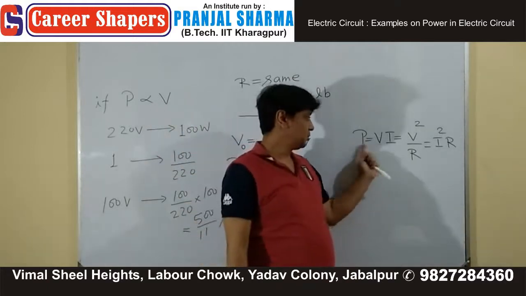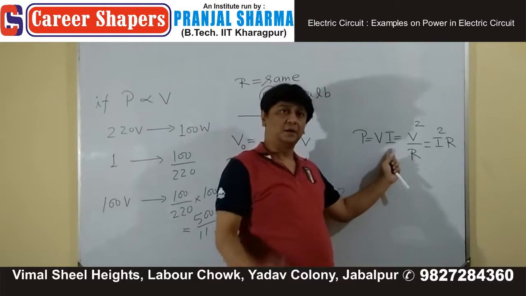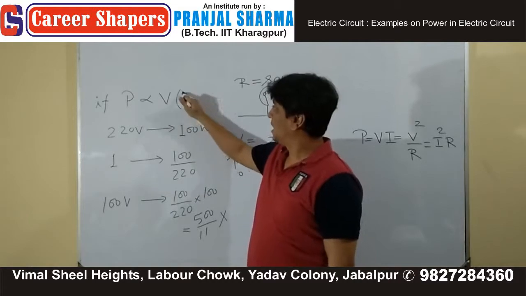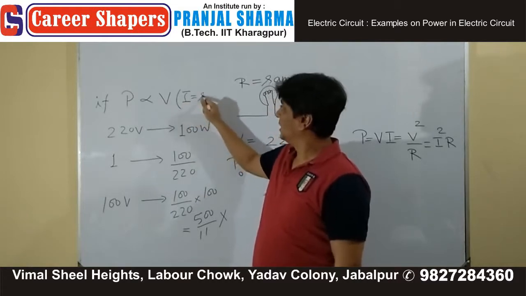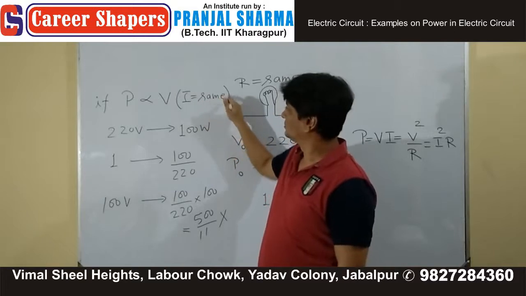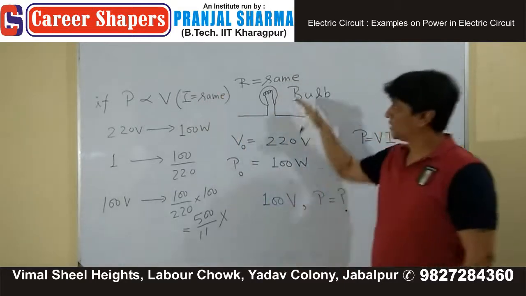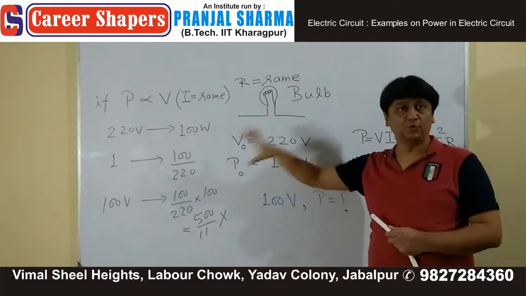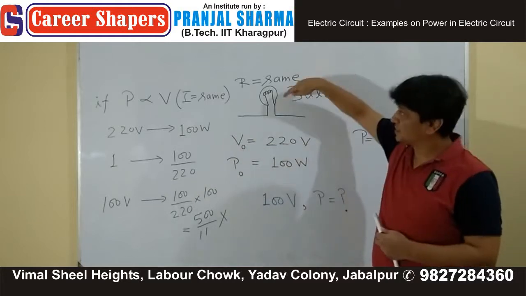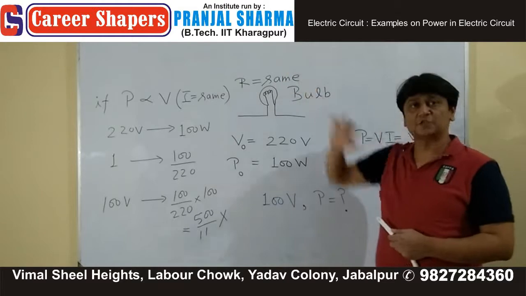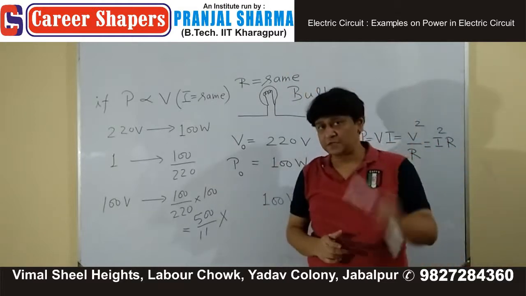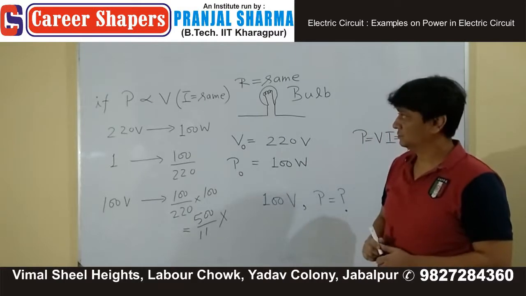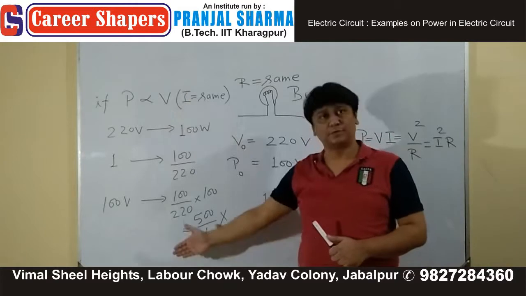If P is proportional to V, then the current I must be same. So this is correct if I is same. But for the given question, as you change the voltage, current will change, power will change, but the resistance of the filament is not going to change. And if resistance is not going to change, then we cannot use this approach.